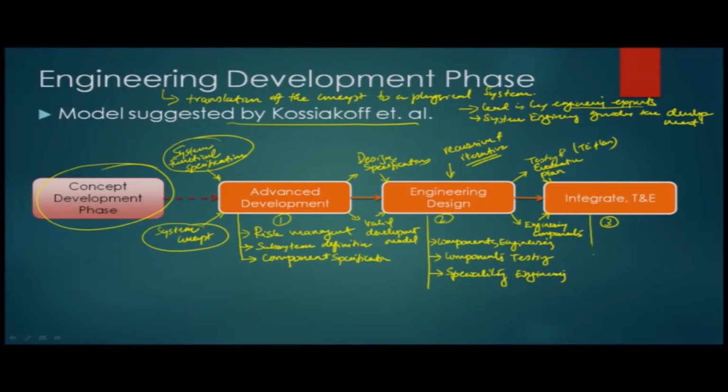And the major aspects here include the system integration, it also involves the system testing, and it also involves the operational evaluation. These are the three aspects of the process.